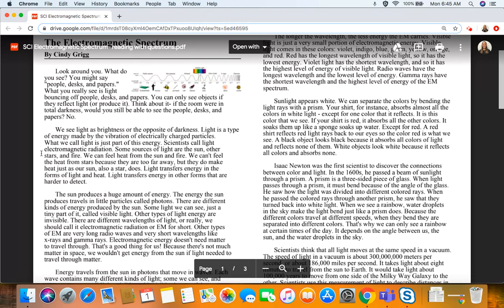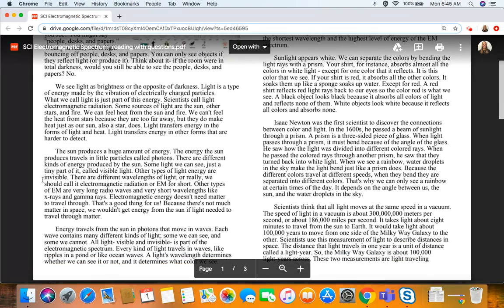We can feel heat from the sun and fire. We don't feel the heat from stars because they're too far away, but they do make heat just as our sun, also a star, does. Light transfers energy in the forms of light and heat. Light transfers energy in other forms that are harder to detect.